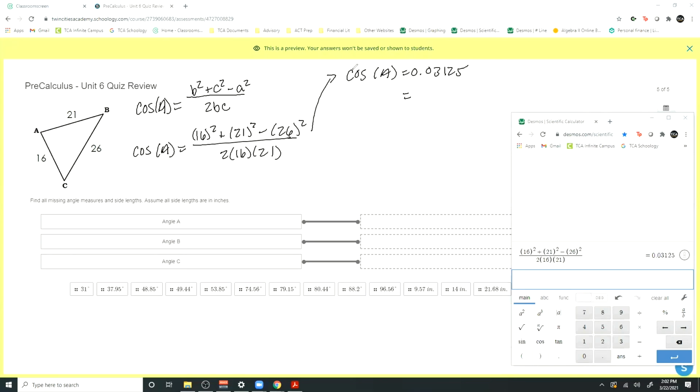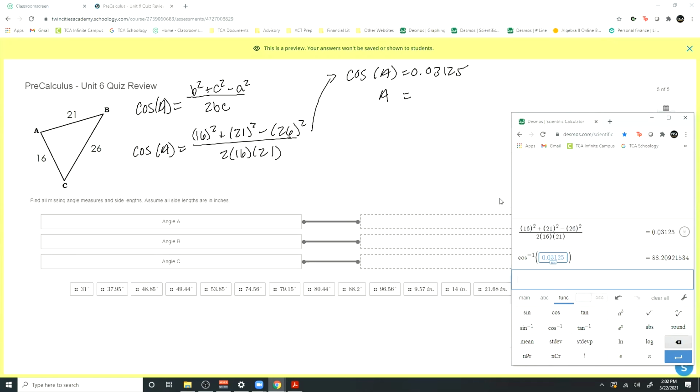And then because this is the cosine of A, I want to find what actually A is. So I take the cosine inverse of both sides. Cosine inverse of the answer is 88.21. I'm guessing that was a little bit of a rounding thing from when I did it the first time.